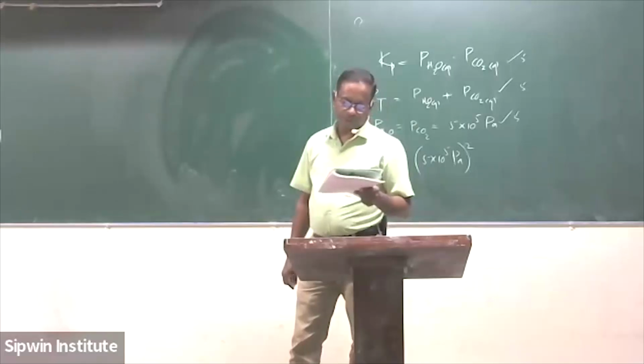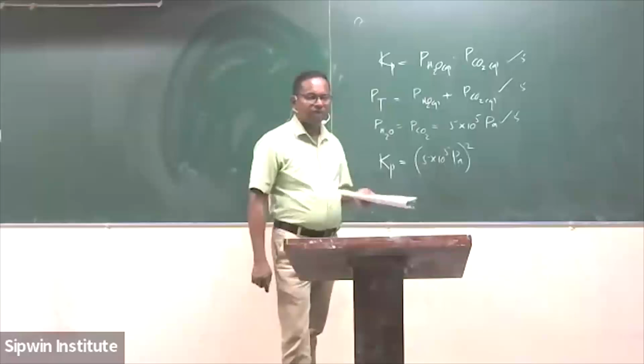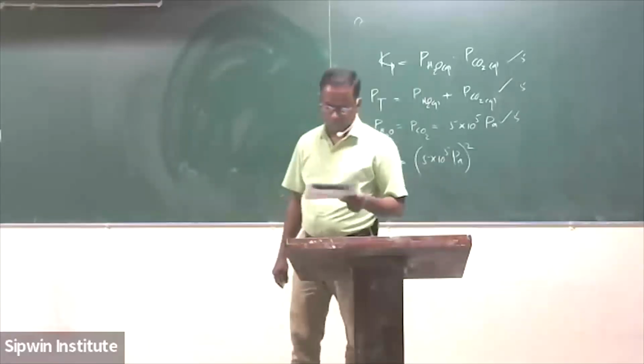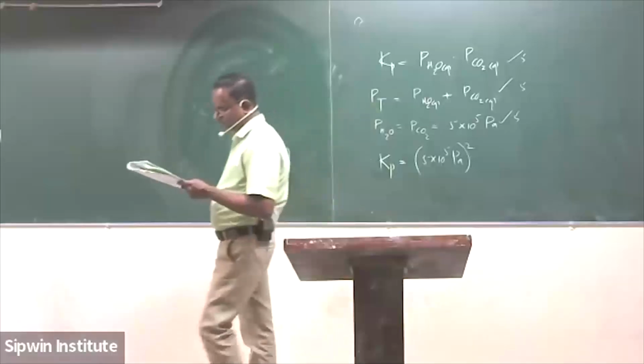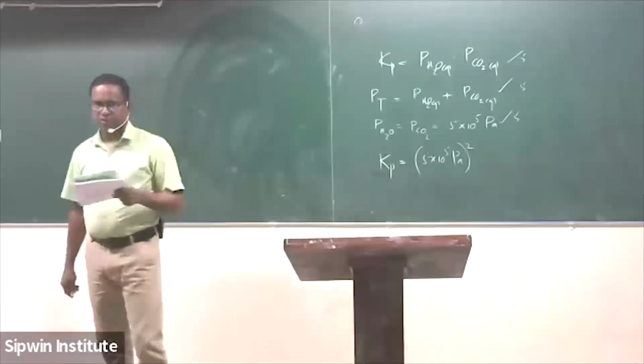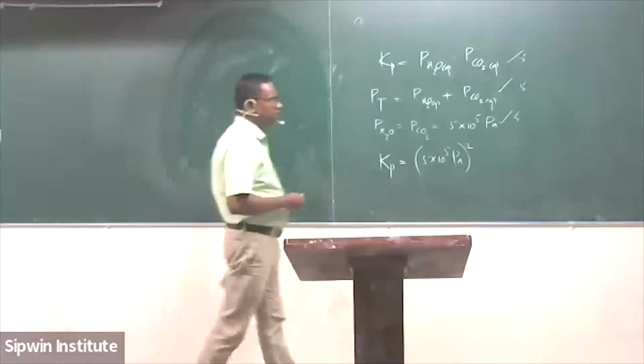Then the substitution. You have the Kp value 2.5 into 10 to the power 11, divided by RT squared.